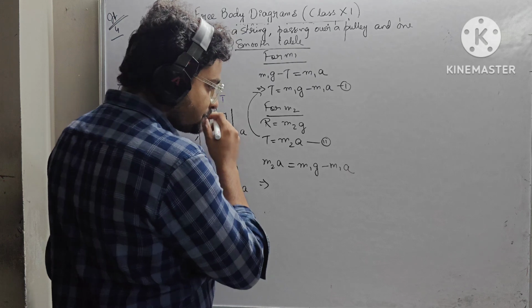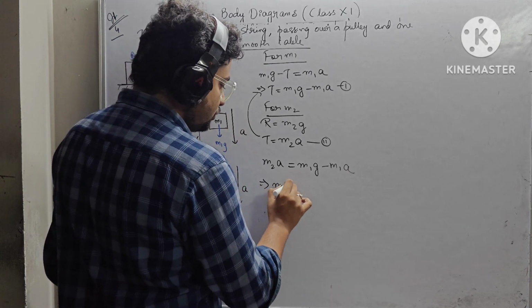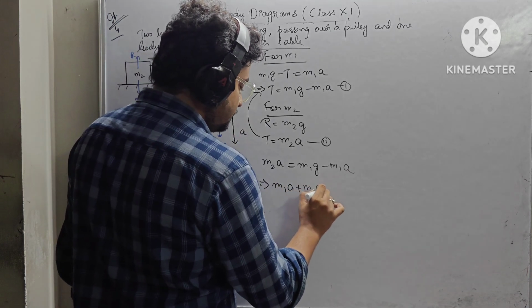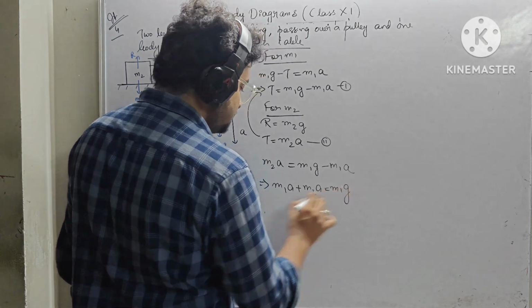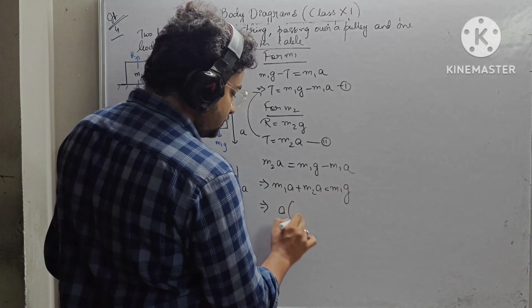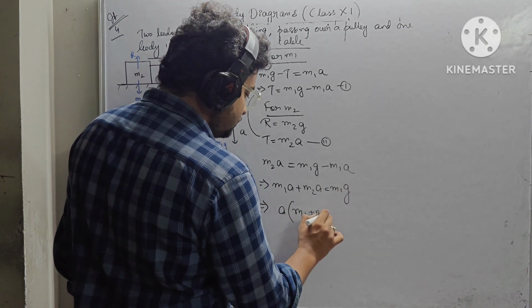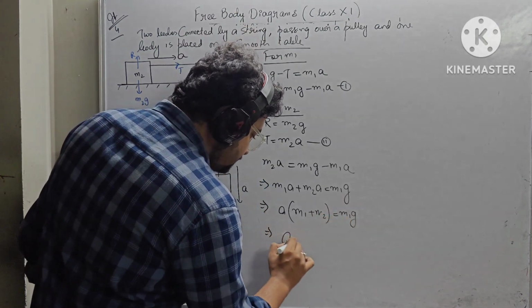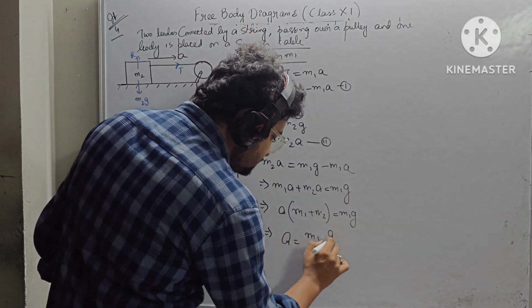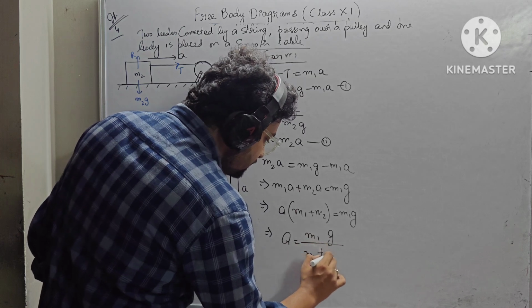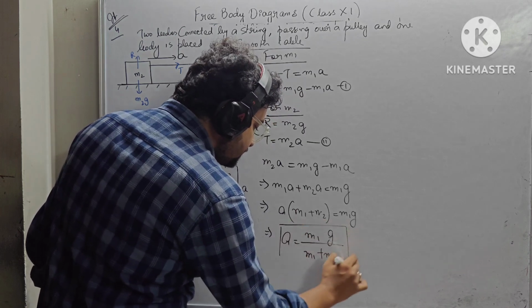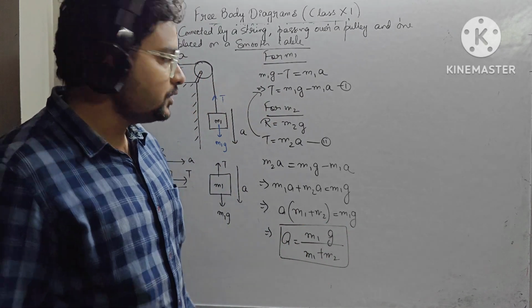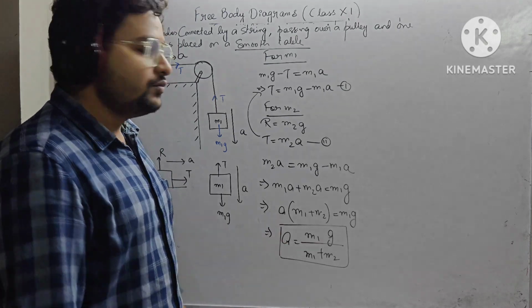So M1A plus M2A will be equal to M1G. So (M1 plus M2) A will be equal to M1G. So A will be equal to M1G divided by (M1 plus M2). This will be the acceleration of both the bodies.